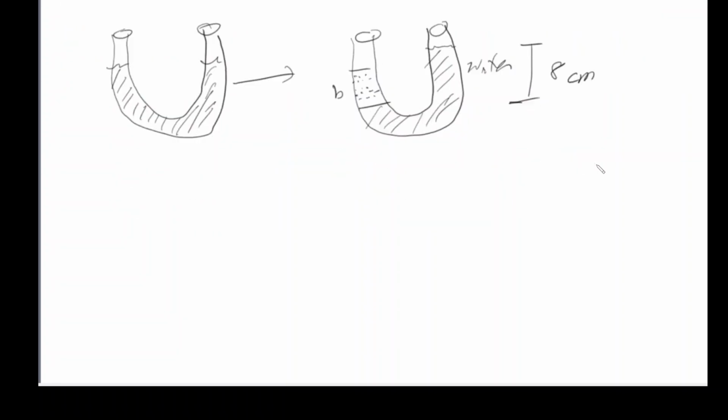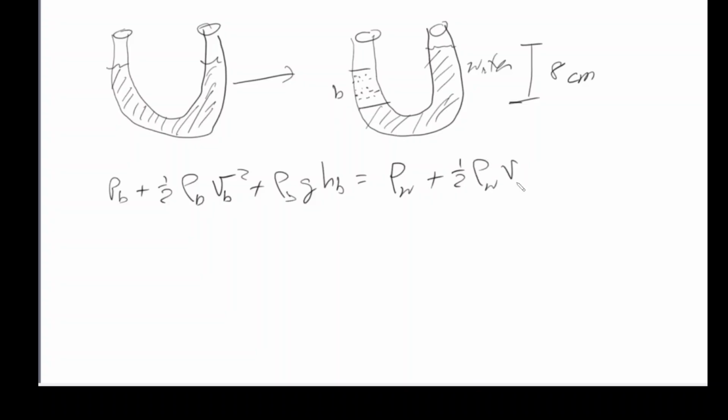So we can again use Bernoulli's equation, which says that the pressure of benzene plus 1/2 the density of benzene times the velocity of benzene squared plus the density of benzene times g times the height of benzene is equal to pressure of water plus 1/2 density of water times the velocity of water squared plus the density of water times g times the height of water.